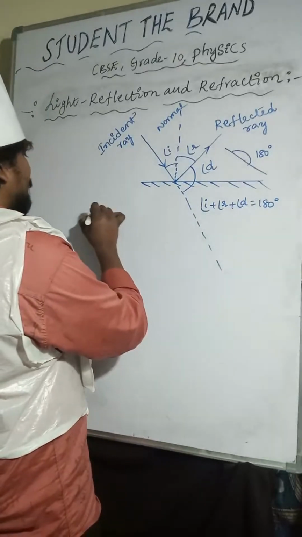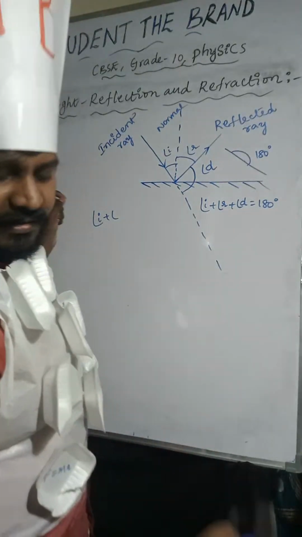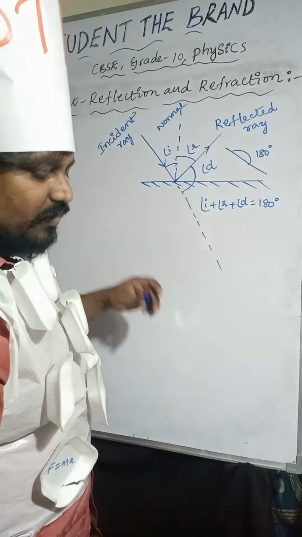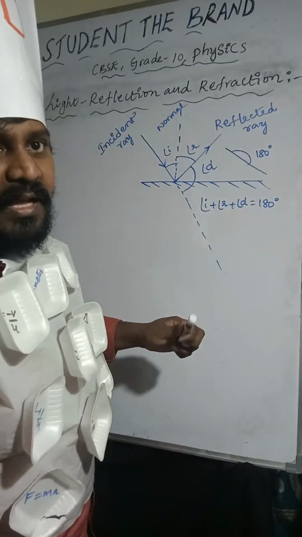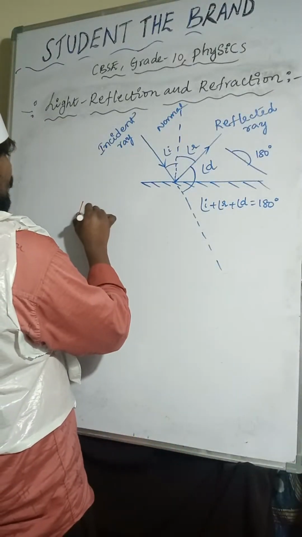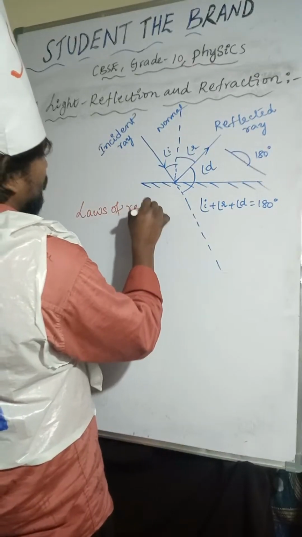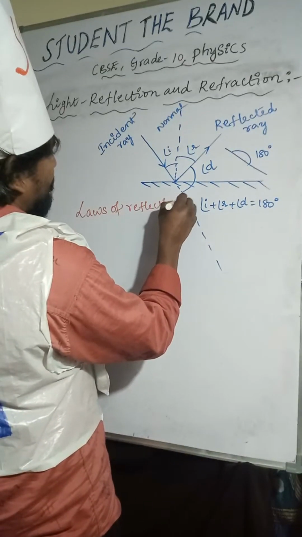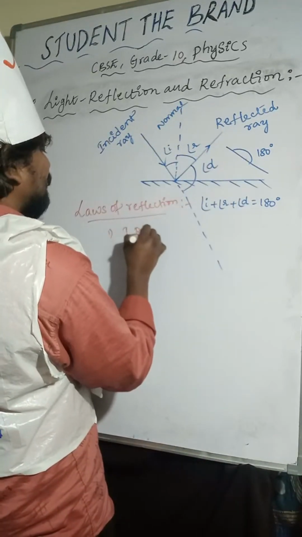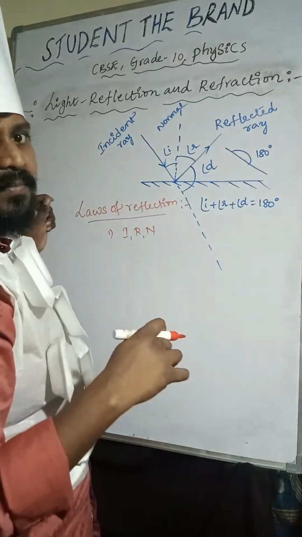Coming to the laws of reflection, so we'll discuss the laws of reflection. The first point is: the incident ray, reflected ray and normal line lie on the same plane.